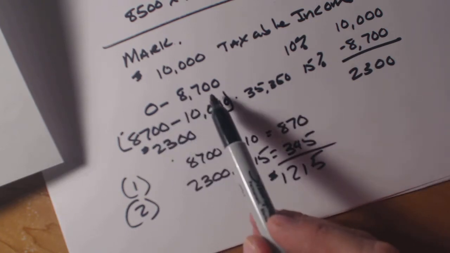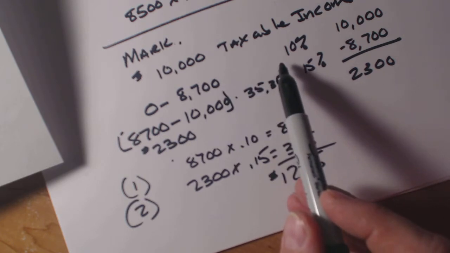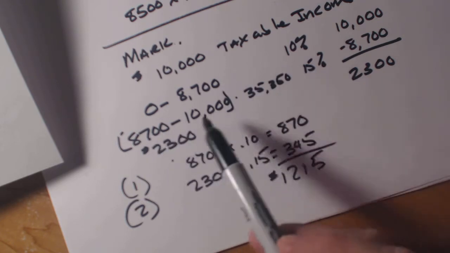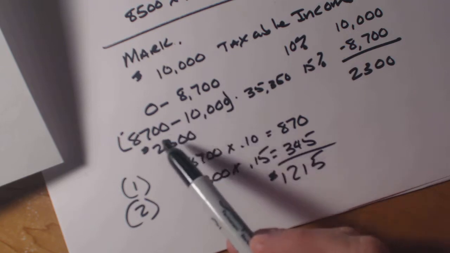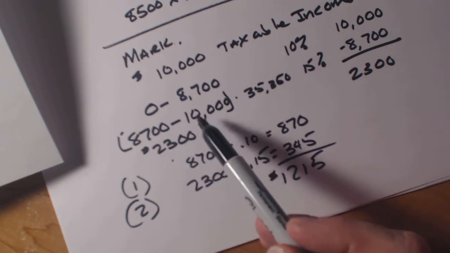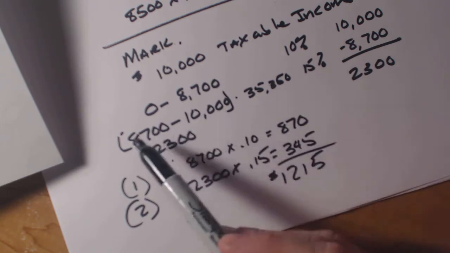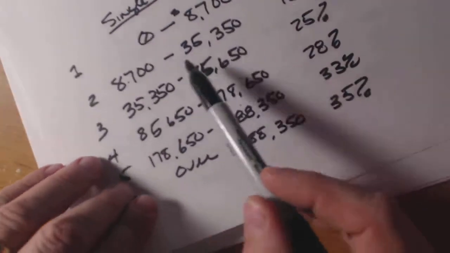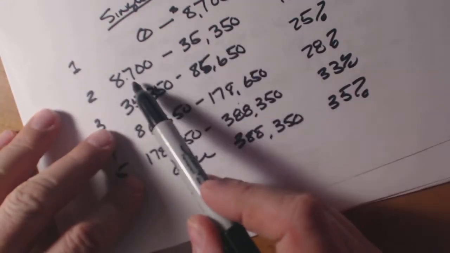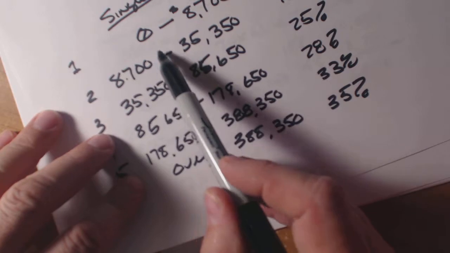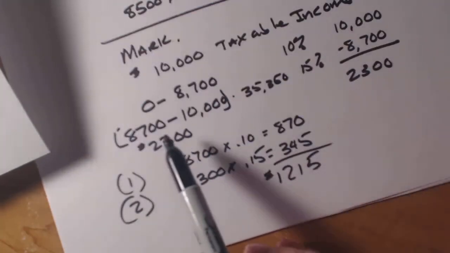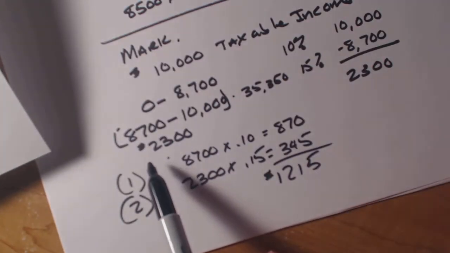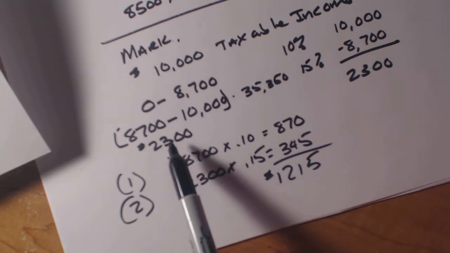Let me just recap that. On the first $8,700, he pays 10 cents. Then as he goes to the second bracket, the difference between the 10,000 and the 8,700 is taxed within that bracket. Here are the brackets: $8,700. He makes 10,000. We're going to tax 2,300 of that at 15%.